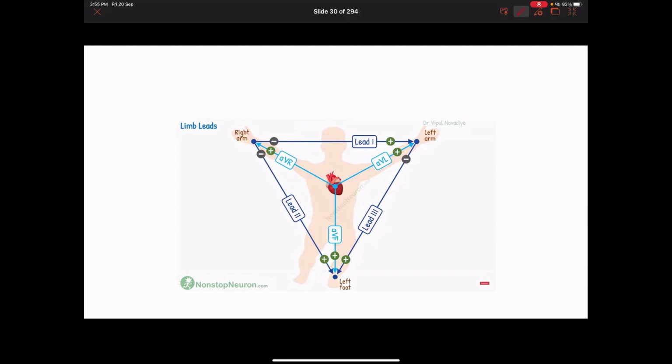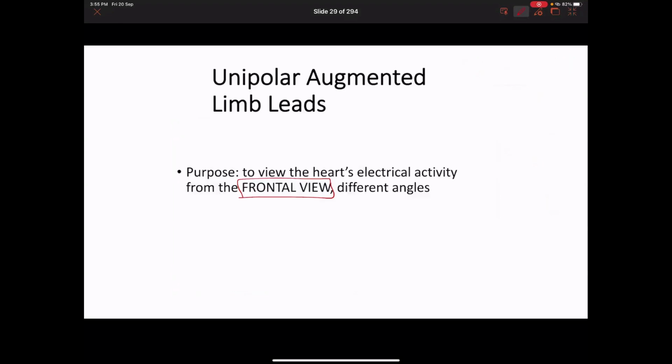So again, in the exam, just draw right arm, left foot or left leg. Draw the triangle, 1, 2, and 3. We remembered that the positive is always on the left.